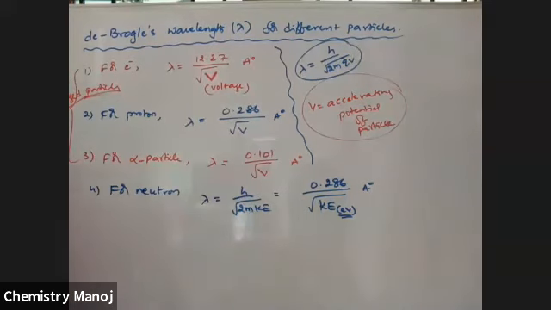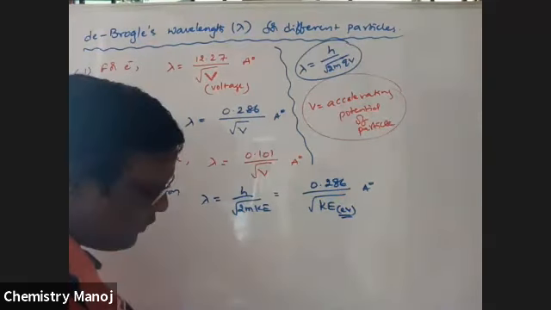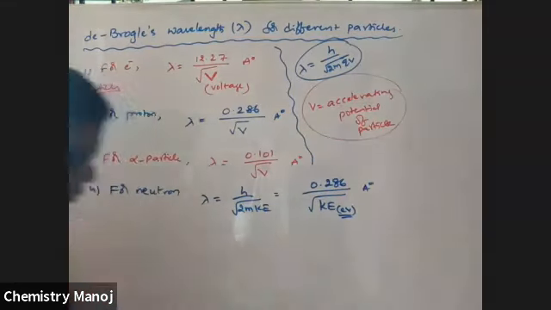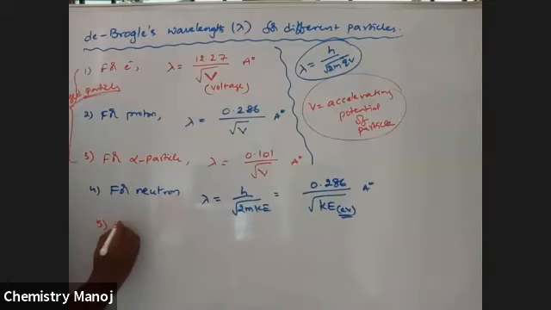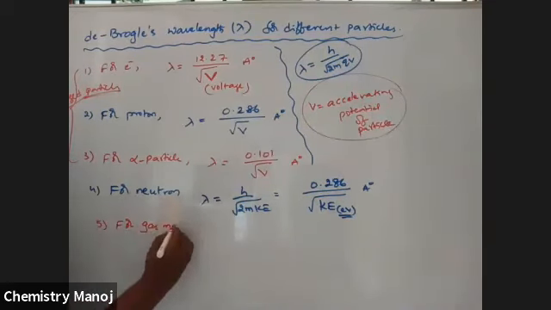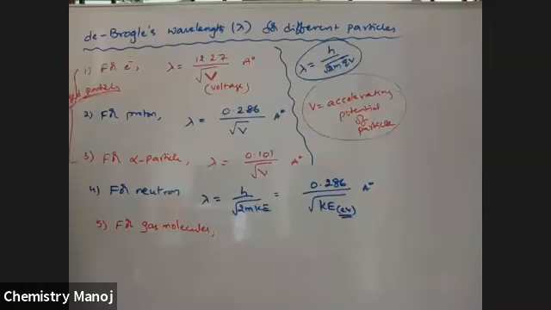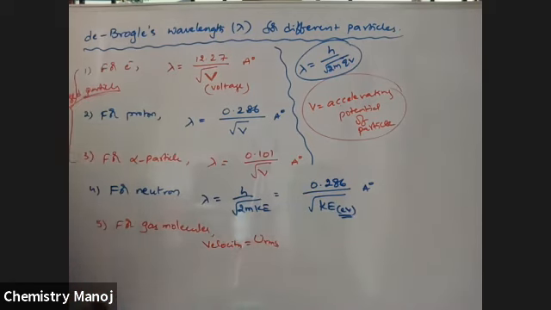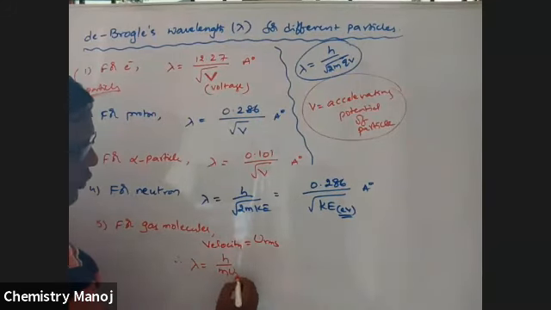Next, for gas molecules. For gas molecules, the formula is, here velocity is taken as u RMS. Therefore, lambda is equal to h by m u RMS.